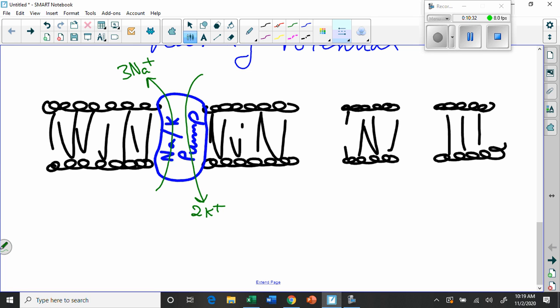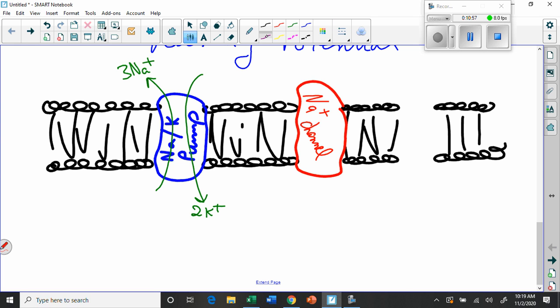All right, now in red, I'm going to draw this guy. And he's going to be what we call a sodium channel. He's another protein that specifically can open and close and allow for sodium to move through. Sodium channel.